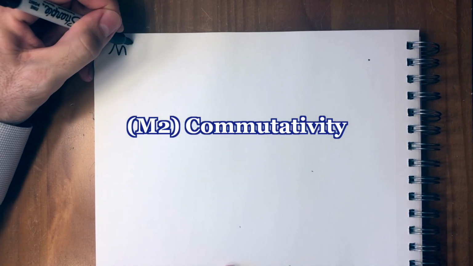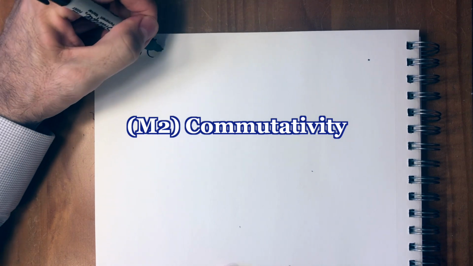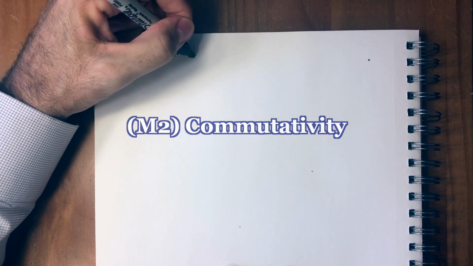Now the next two, commutativity and associativity, are just like with addition. They're very easy. Commutativity.